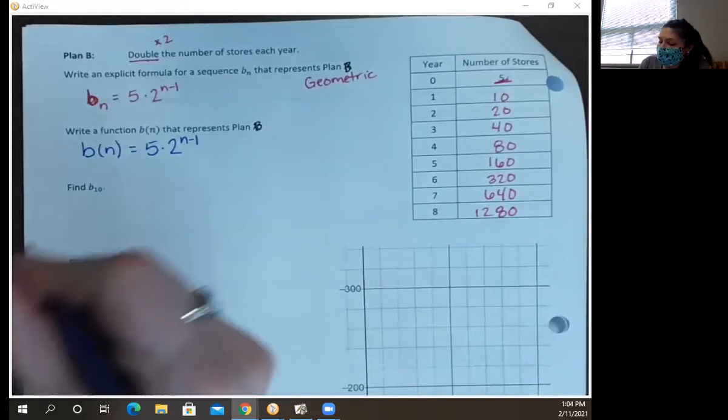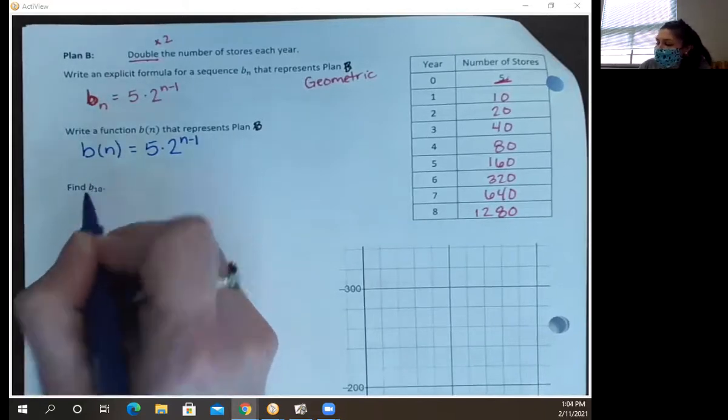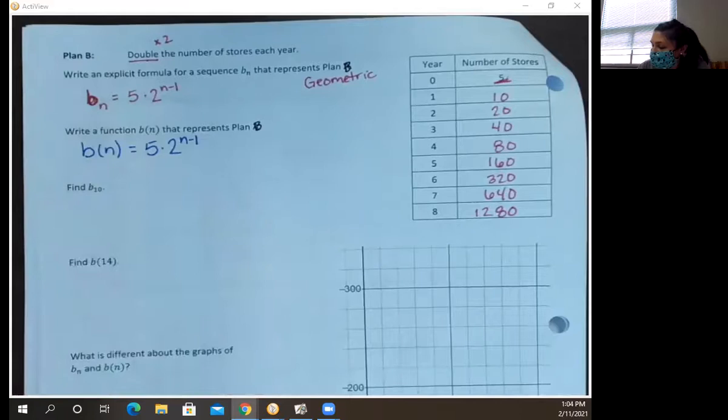I would like you now to find the 10th term in this sequence, b sub 10, and then also find b of 14. Find b sub 10 and b of 14.